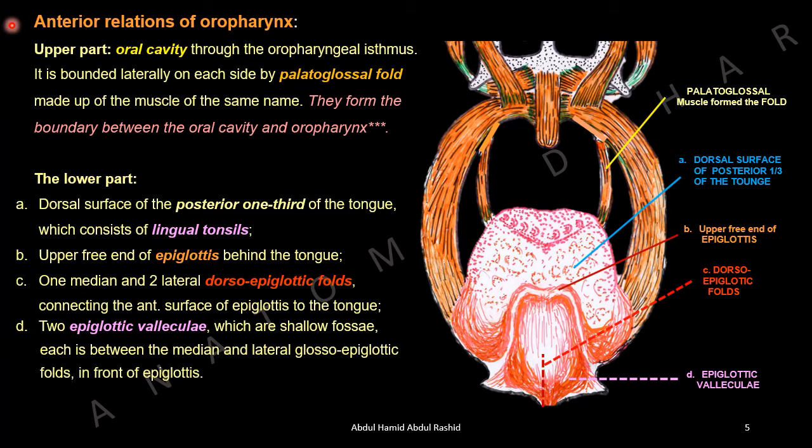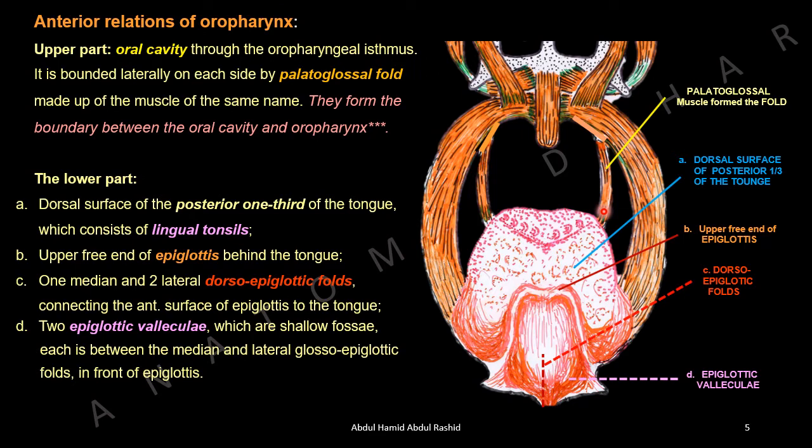Anterior relations of the oropharynx can be divided into two parts. The upper part, looking directly into the oral cavity, and the lower part, looking at the structures below. Now the upper part, we are looking from behind into the oral cavity through the oropharyngeal isthmus.